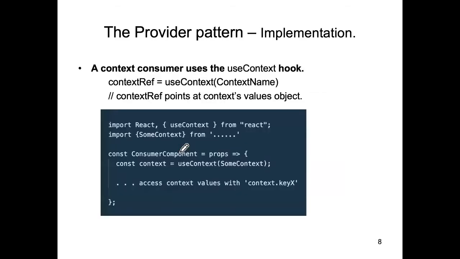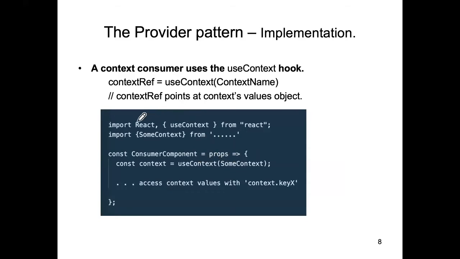The next part of the jigsaw is from the consumer's point of view, those components lower down in the hierarchy. How do they now eventually get access to the context? This is where we use a special hook called the useContext hook. And we need to pass the useContext hook a reference to the context itself.